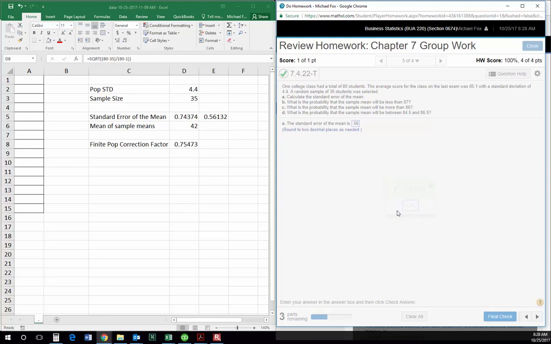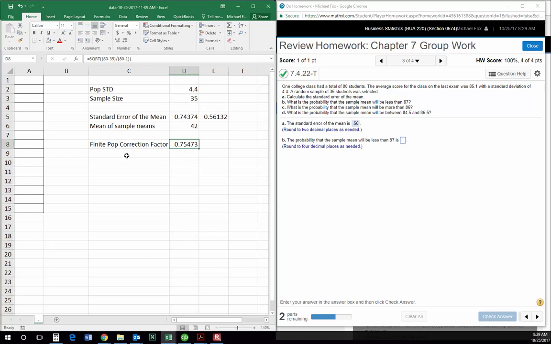All right. Next, the probability that the sample mean will be less than 87. Here's how we go about doing that. We use the z-score formula, which again was on page 307, formula 7.4, to calculate what the z-score will be.